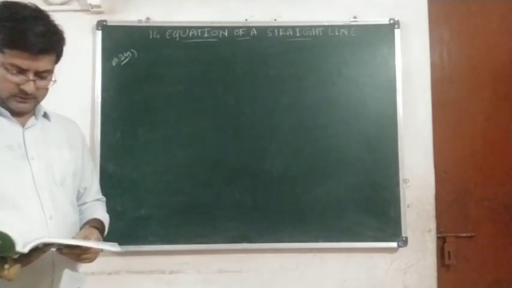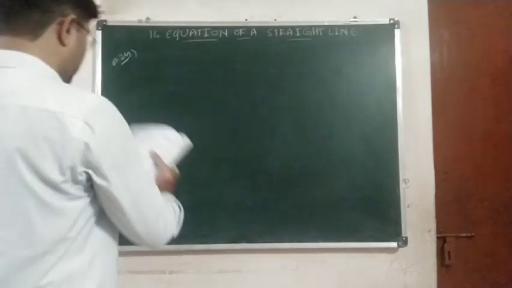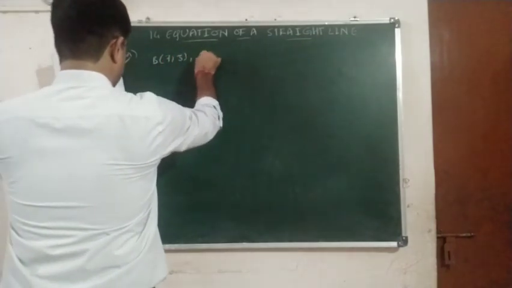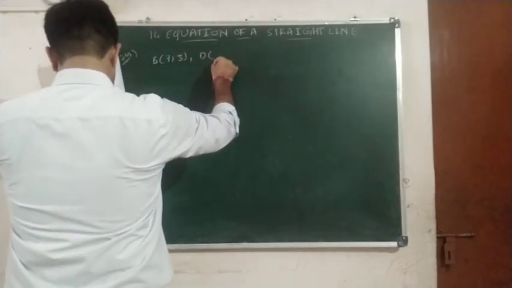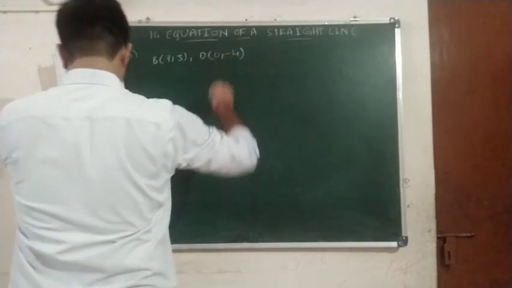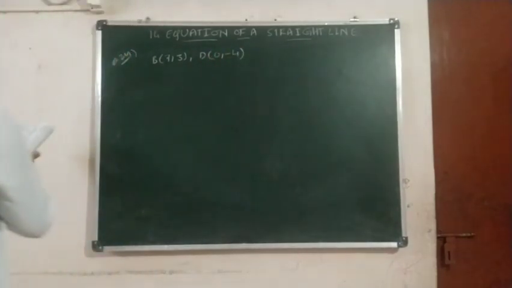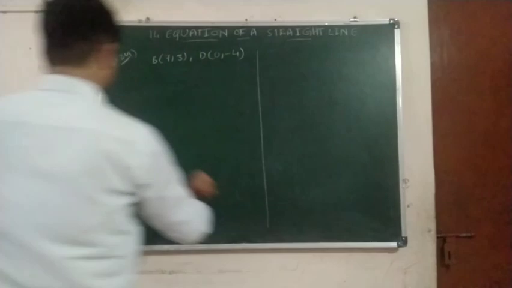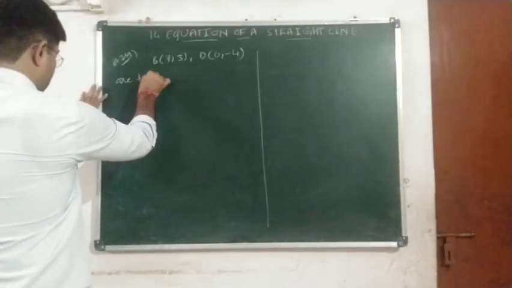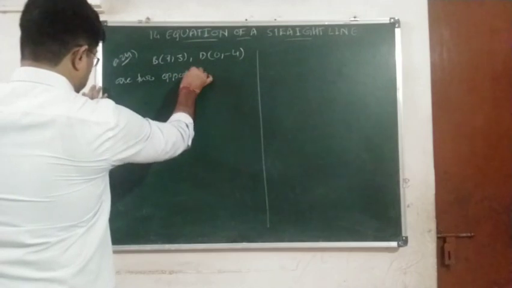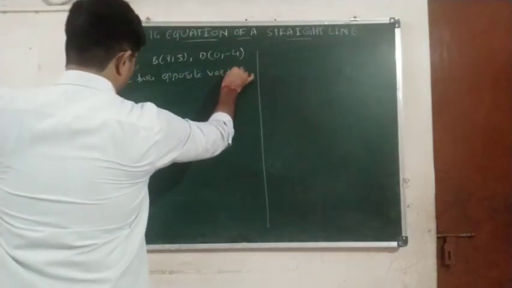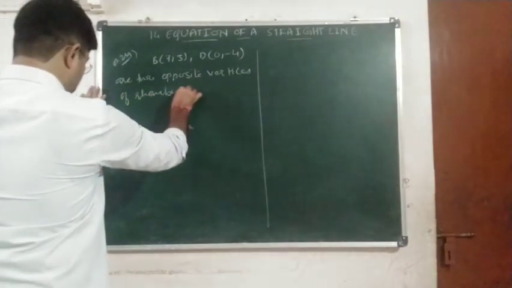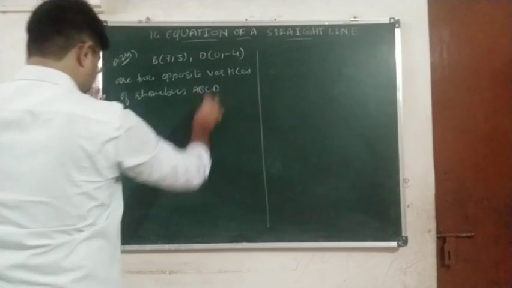The points B(7, 3) and D(0, minus 4) are two opposite vertices of rhombus ABCD.